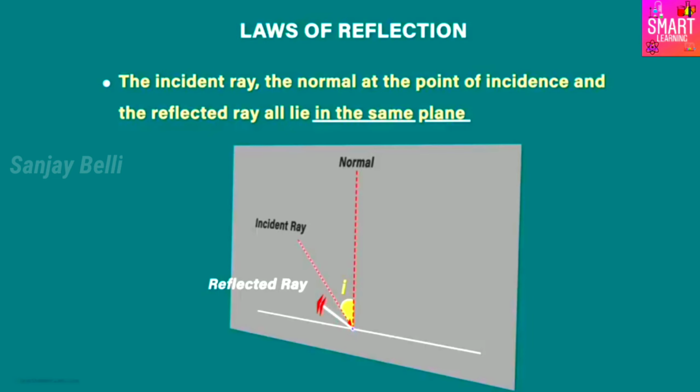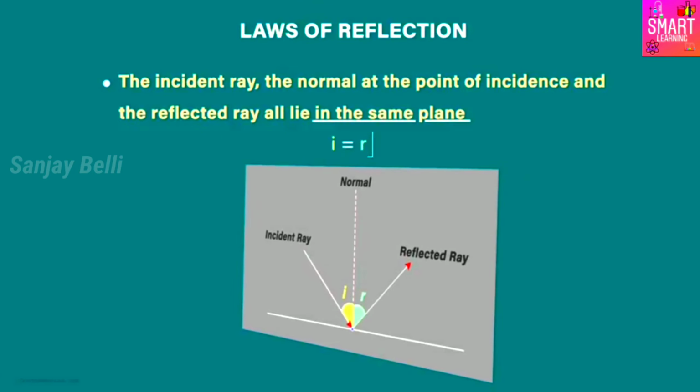This violates our second law, and hence this ray will not be reflected in that direction. This is just not possible. It can only be like this. I will be equal to R, and they will lie on the same plane. I hope both the laws are clear now.